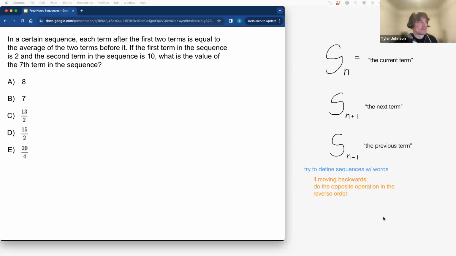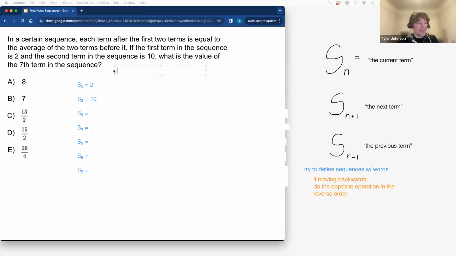In this problem, they've actually already given you a definition in words, but there's a lot of steps here that we're trying to figure out the seventh term if we only know the first two. And really, it's just going to be taking lots of averages. So I think the key here, it's not that the math is crazy difficult.